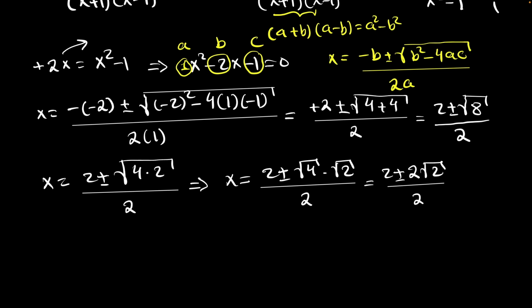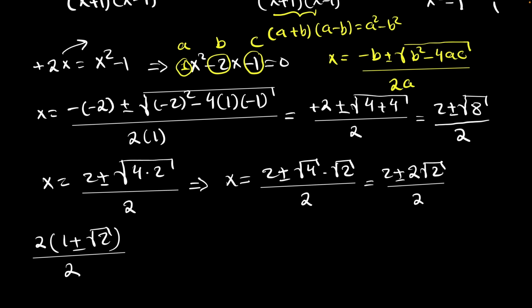So here between these two terms we are going to take 2 as a common factor. So let's take 2 as a common factor. Here we have 1 plus or minus the square root of 2, and in the denominator we have 2.